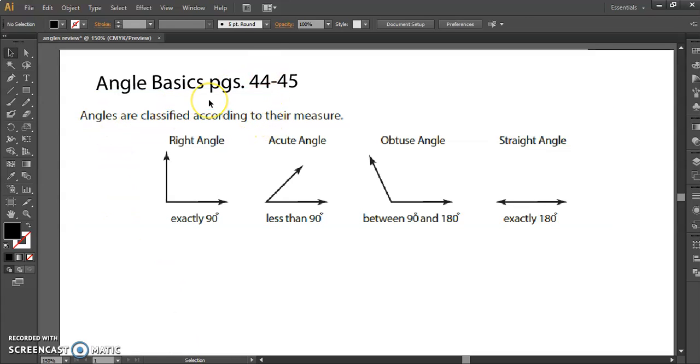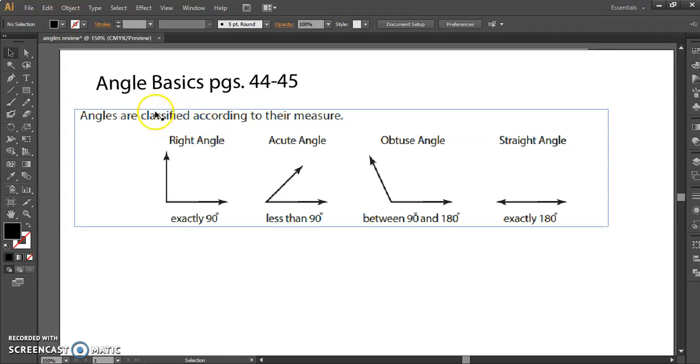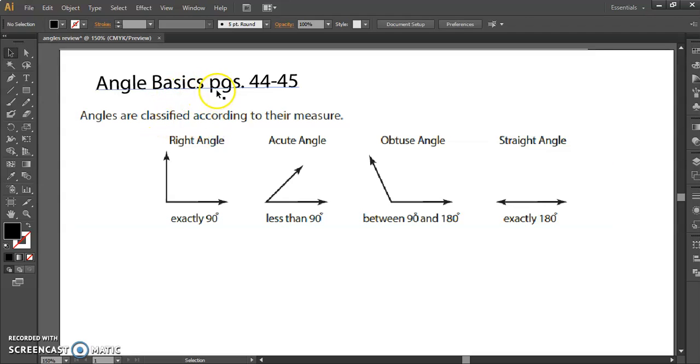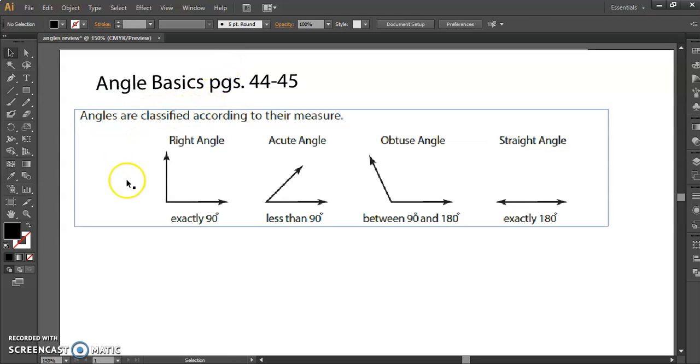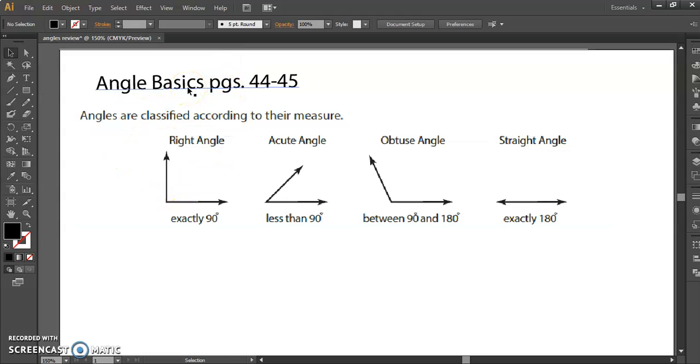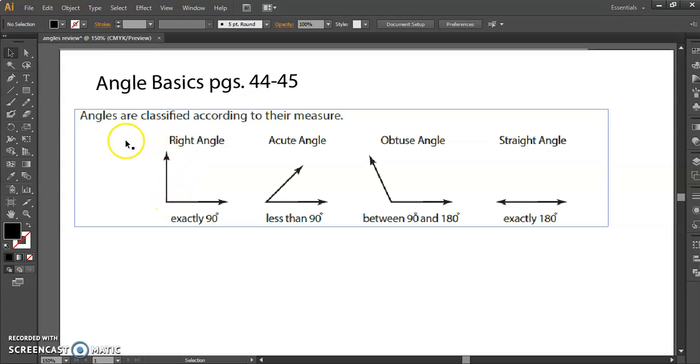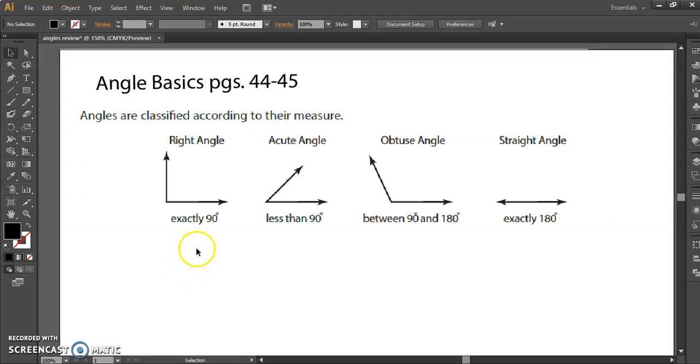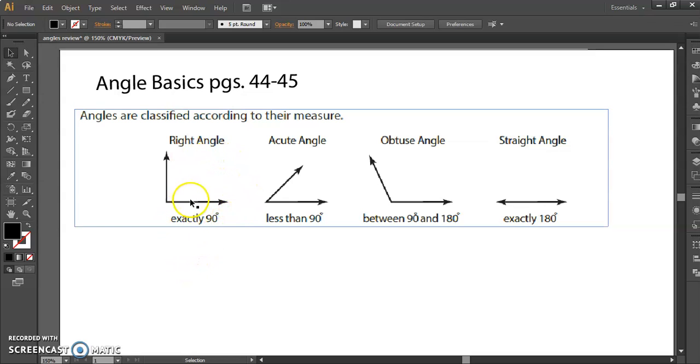Today we're going to be working on pages 44 and 45 of your book, which is Angle Basics, or in your book it's called Angle Relationships. At the top of your book, it tells us that angles are classified according to their measure. We already saw this in the video last class, and I just wanted to review that we have a right angle, which is exactly 90 degrees.